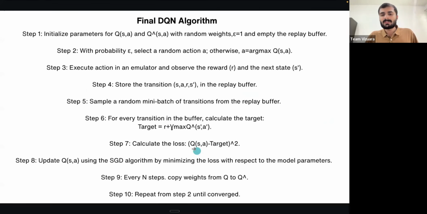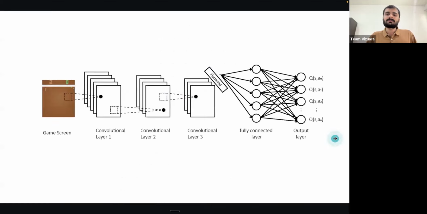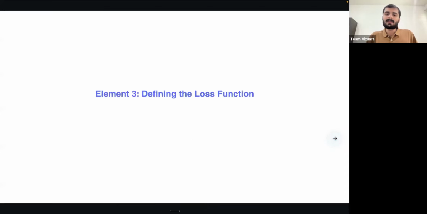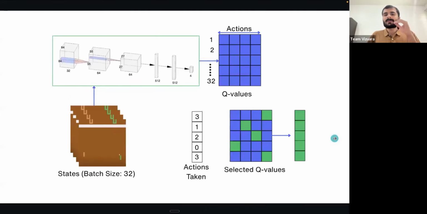So the loss function is q of s comma a minus target, the whole square. To calculate the loss, we first need to calculate q of s comma a. So how is q of s comma a calculated? Q of s comma a is calculated using this approach. Let's say we have a certain number of states as an input, and these states are randomly sampled from our replay buffer.